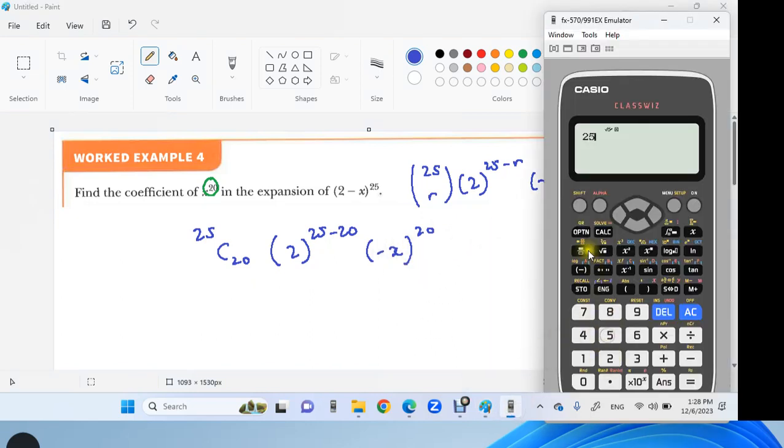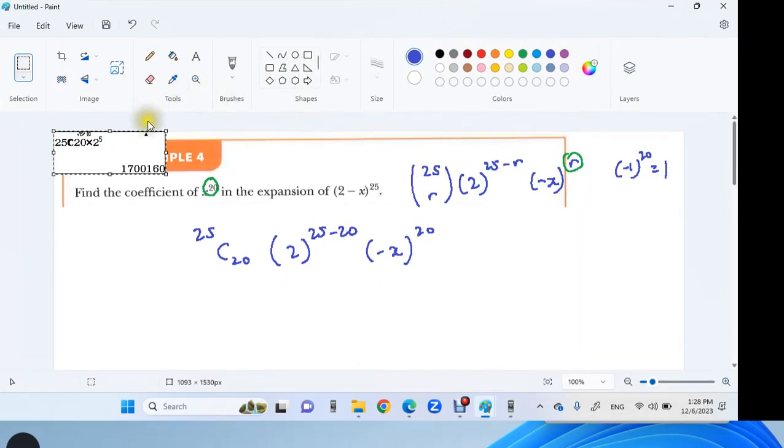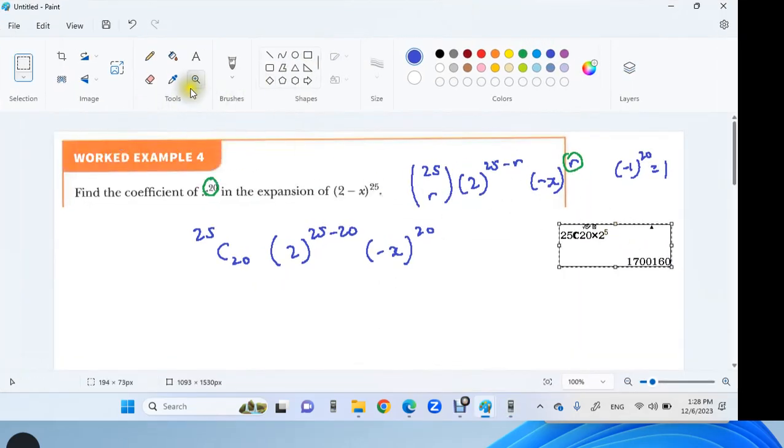So we have 25C20 multiplied with 2 to the power of 5. 25 minus 20 is 5. Then this will be the answer. Okay, so it is 1700160. Yes, 1,700,000 and 160.